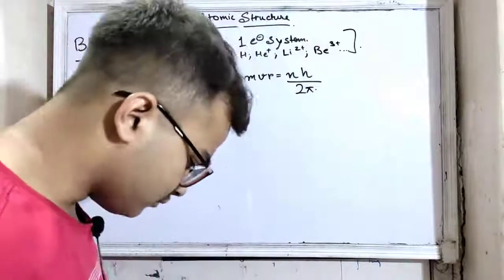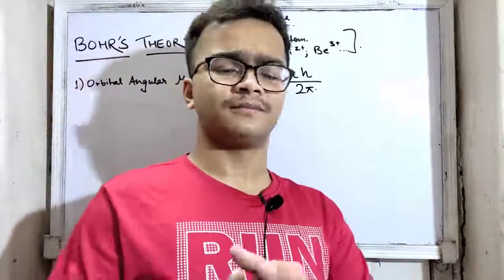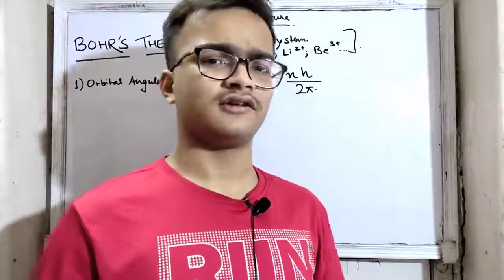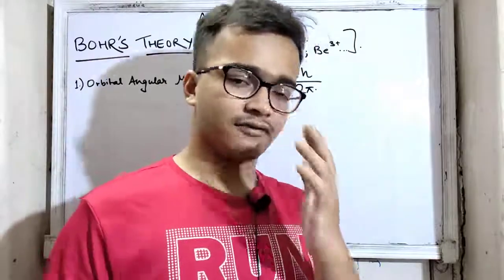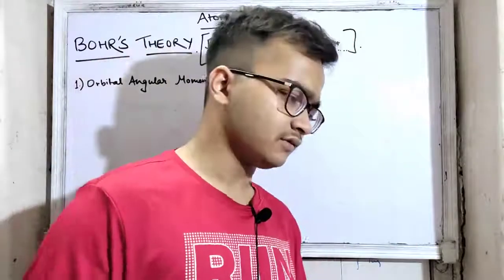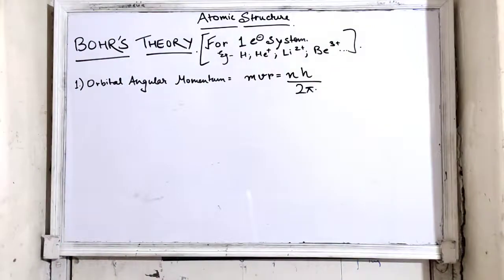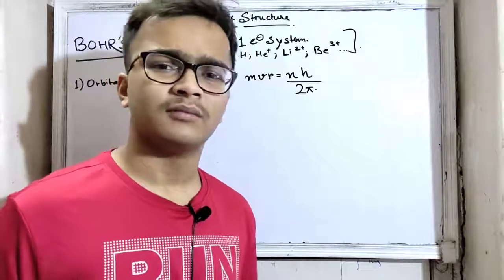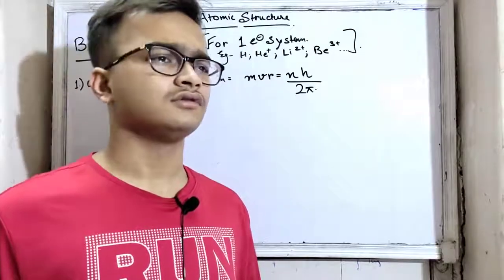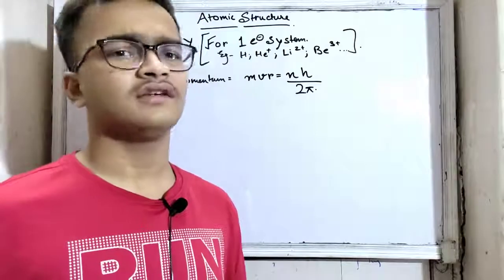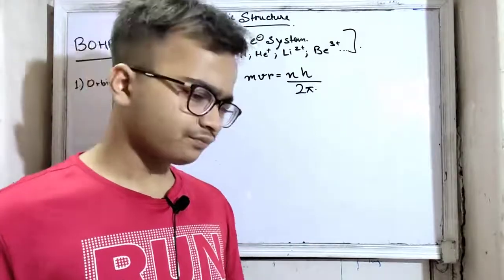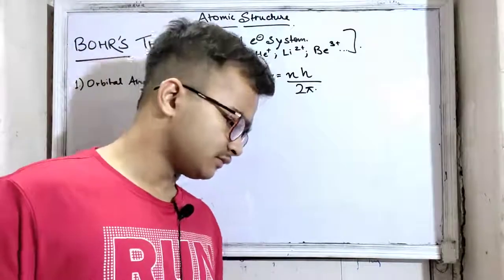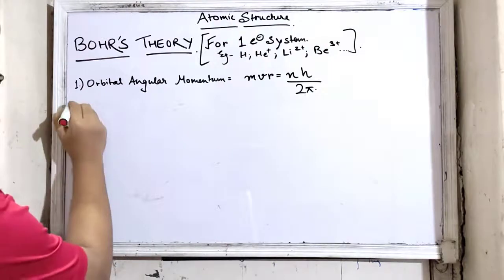Next we come to the radius of the orbit, that is, the radius of the orbit in which the single electron of a hydrogen-like species is revolving. This is also called the Bohr radius. So if the question asks you to find the Bohr radius, don't confuse yourself. Bohr radius is nothing but the radius of the species. Let's write the formula.